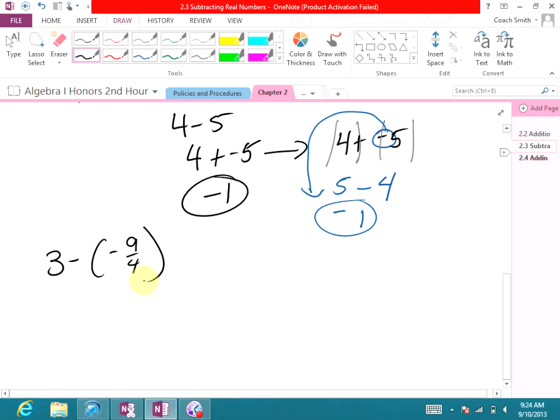Oh, hang on here, that's my bad. It's 3/4 minus negative 9 over 4. When we transform it, that's 3/4 plus 9 over 4.